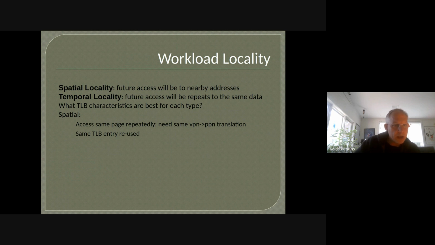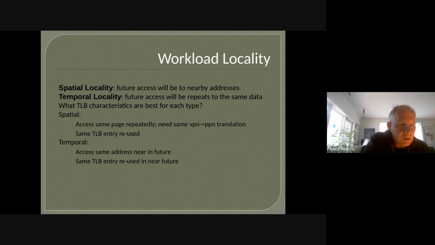So for spatial locality, you're accessing the same page repeatedly. So you need the same virtual page to physical page translation over and over again. So basically, you populate your TLB once, and then you get TLB hit after TLB hit. For temporal locality, you're going to access the same address in the near future.